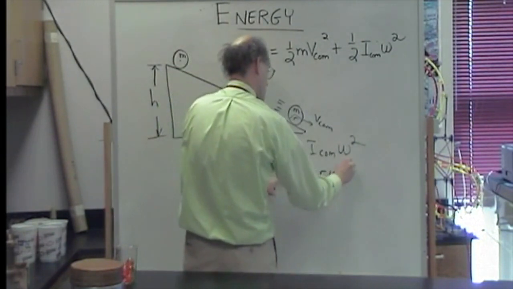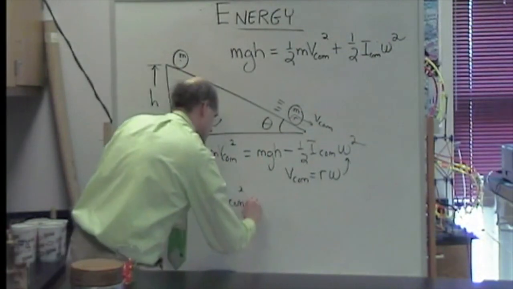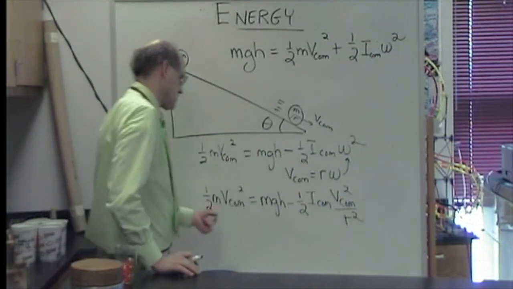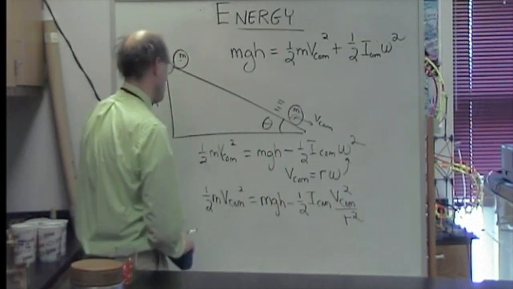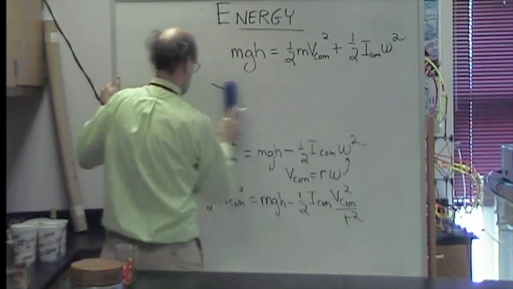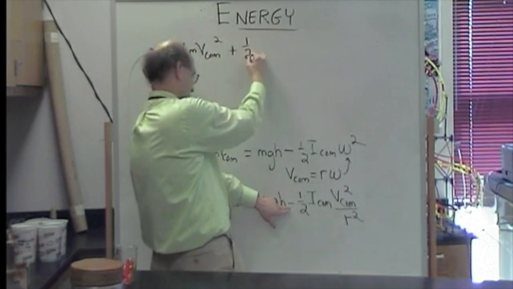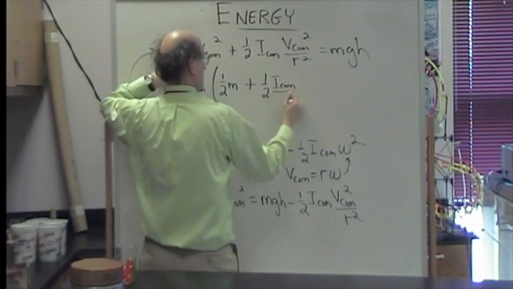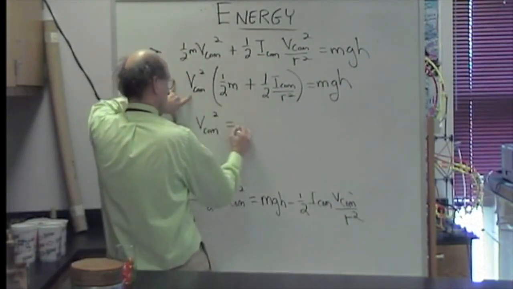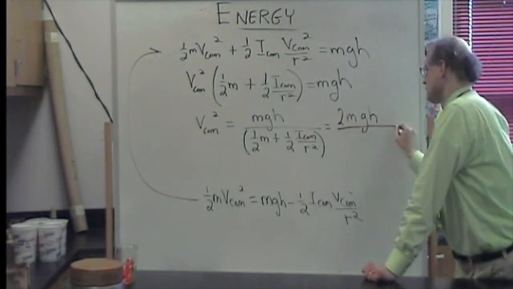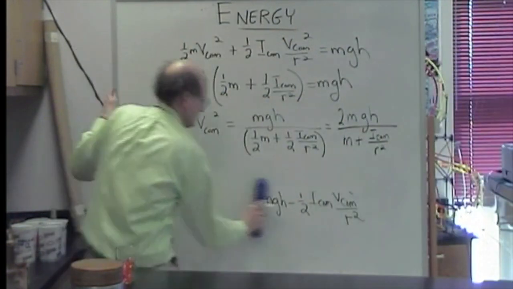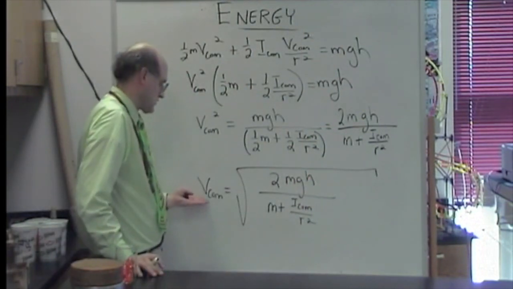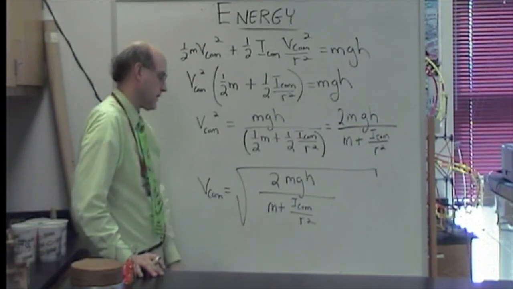So I'm going to substitute this into there. Now I'm going to get the VCOMs together. So there's our expression for the speed of the center of mass of a rolling body.